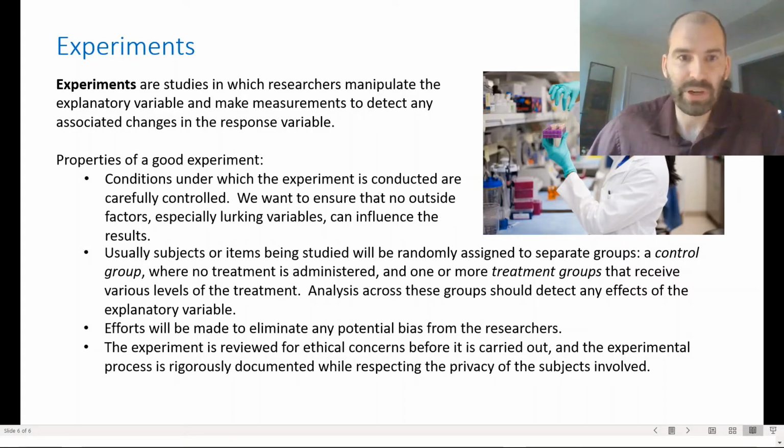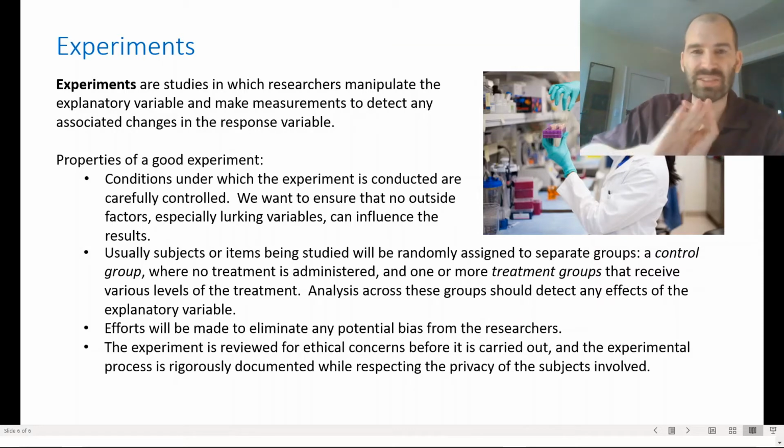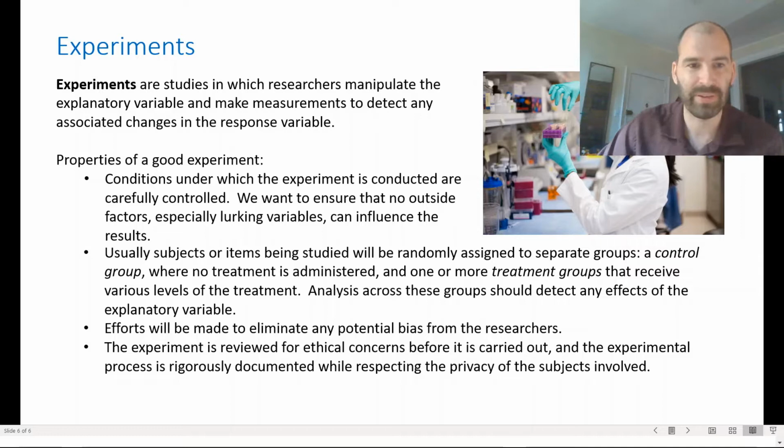Okay, so we're going to be very careful to control the conditions. We have the freedom to do this. Now, why would we want to do this? We want to ensure that no outside factors, especially lurking variables, can influence the results. So this is an opportunity to think about what those lurking variables might be and try to snuff them out. Try to get rid of them. And that's something we try to do in an experiment.